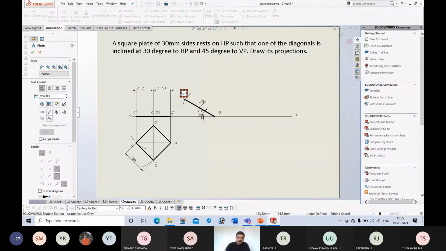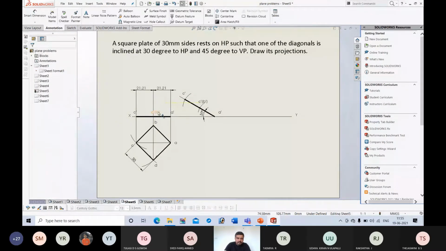B dash, okay. Okay, this is D dash and B dash.